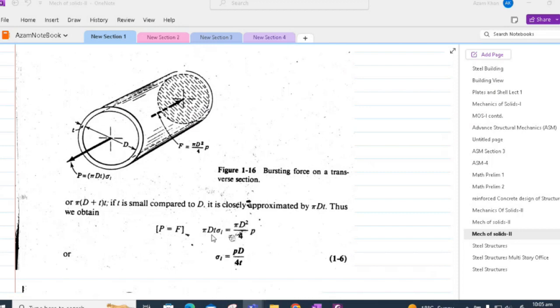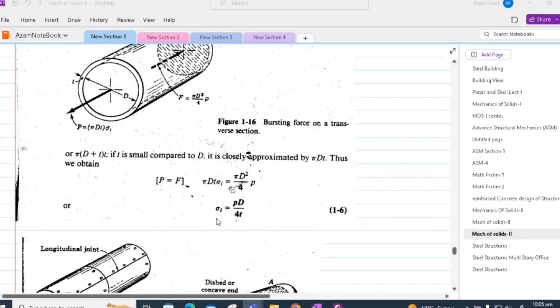Thus, pi dt times sigma L will be equal to pi d squared by 4 times p, and we will get the longitudinal stress equal to pd by 4t. Sigma L is called longitudinal stress because it acts parallel to the longitudinal axis of the cylinder.